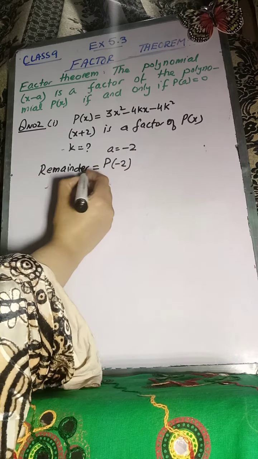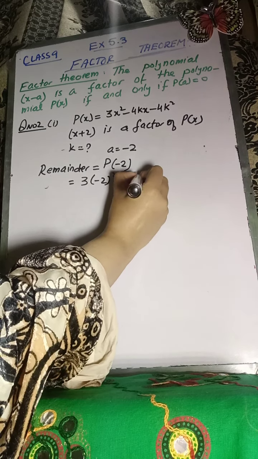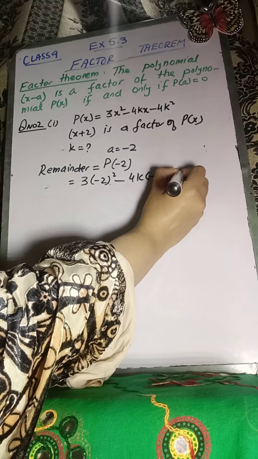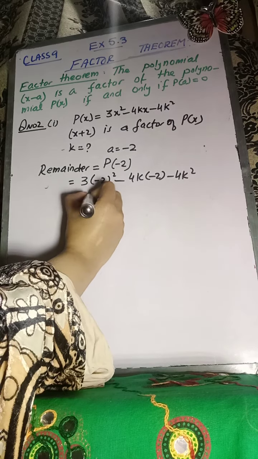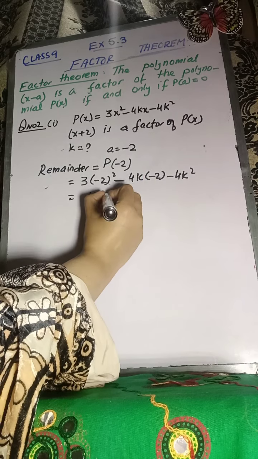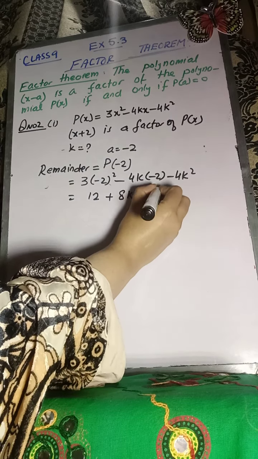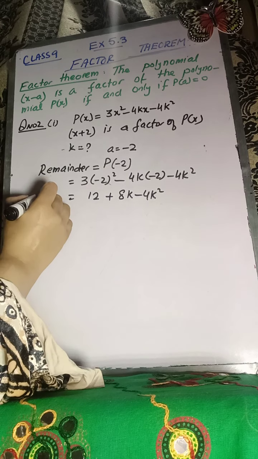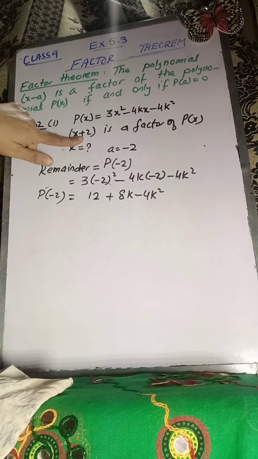If you put negative 2 in it, we are going to get 2 2s are 4, 4 3s are 12, minus minus plus 8k minus 4k square. Now this is the remainder when the polynomial p of x is divided by x plus 2.